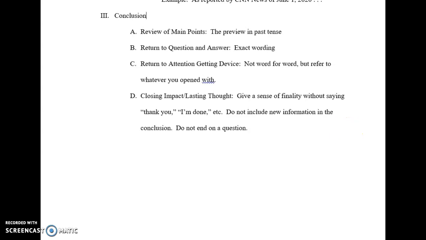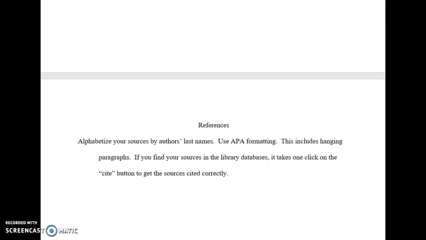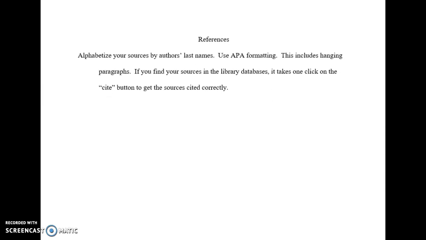All right, so once you are finished with the meat of your outline, you will have your reference page. Remember, you need at least 7 sources. So if you've followed my recommendations, you will have a source for your attention getter, and then 2 sources in each point, so a source for each subpoint of your main points, and there's your 7 sources. I have gone ahead and created a hanging paragraph there for you.